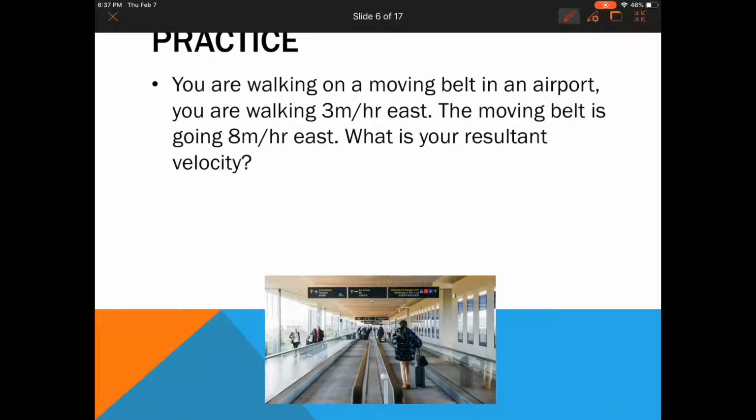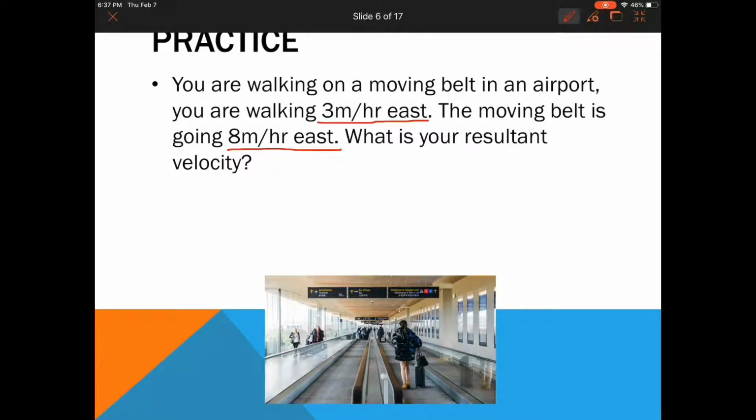Alright, let's try some practice calculating the resultant velocity. So you're walking on a moving belt in an airport. You are walking at 3 meters per hour east. The moving belt is going 8 meters per hour east. What's your resultant velocity?